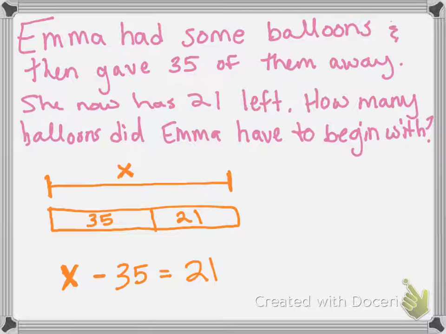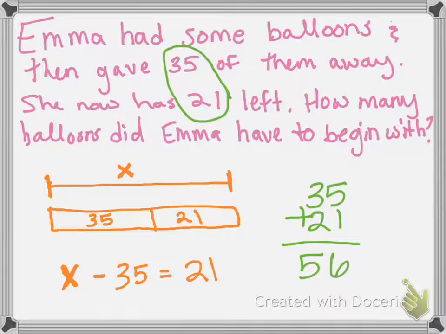So to solve this, just like we said earlier, we need to figure out how many she started with, which we would do by adding these two numbers. So we can add 35 plus 21, and we would get 56. Now, in order to check our work, we could always put 56 in the X's spot to see if it works.